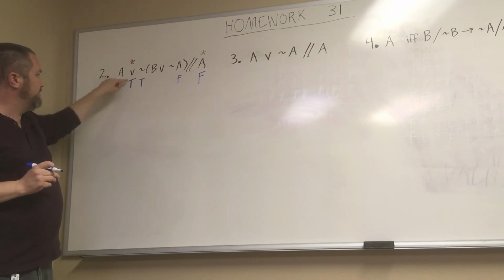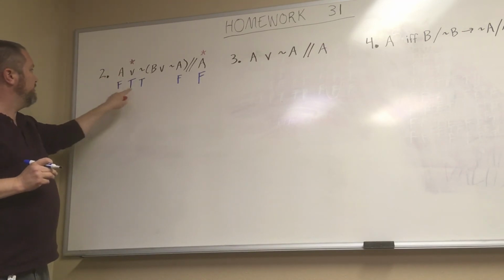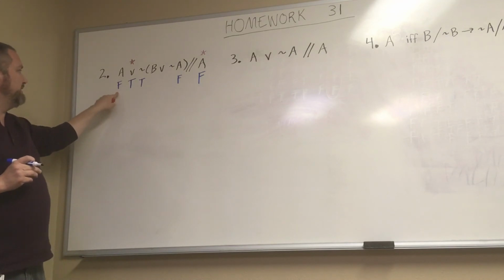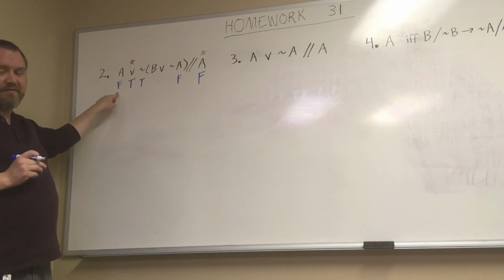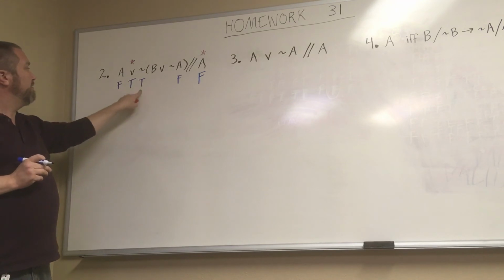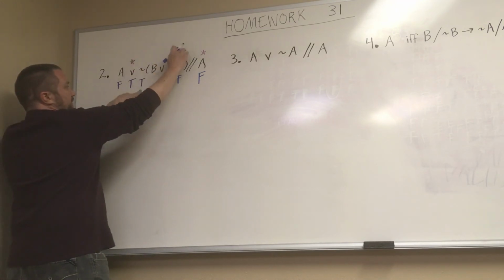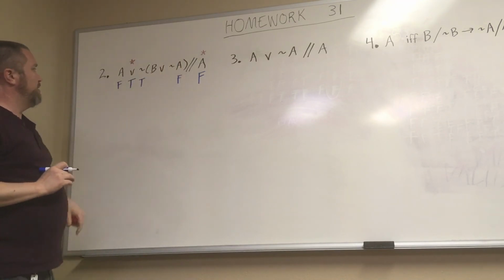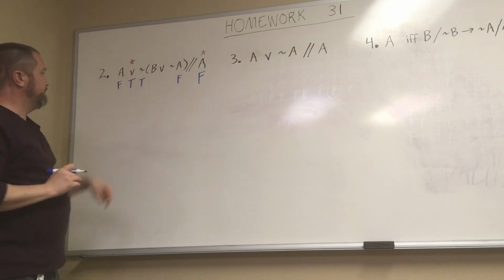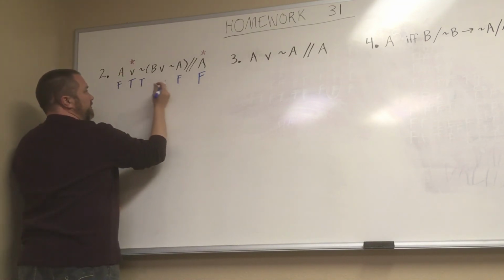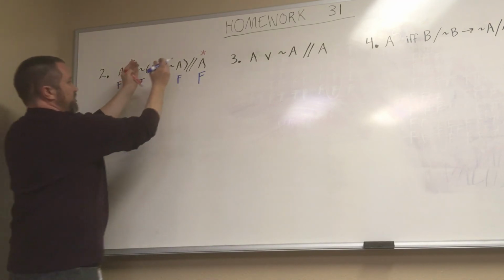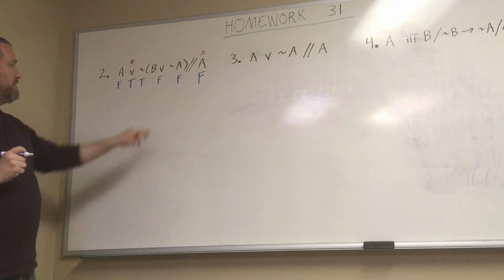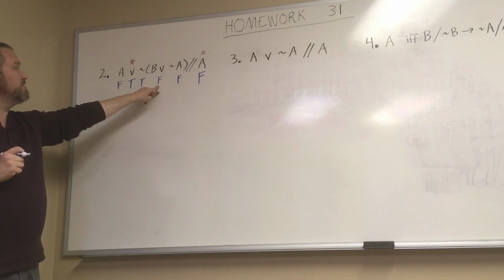For this disjunction to be true, either one of these is going to have to be true, and since we know that A, one of the disjuncts, is false, this whole thing is going to have to be true. So carrying through the opposite truth value here means that the disjunction inside the parentheses is going to have to be false.